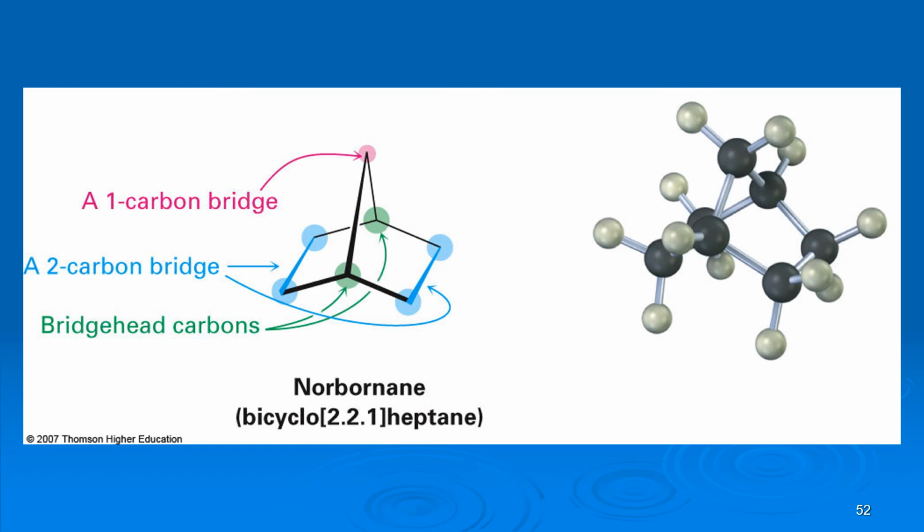So let me see if I can get my picture here. Let's say instead we have a bicyclo 2.2.2 octane. It would look sort of like this. Not a very good drawer. But again, here would be our bridgeheads.